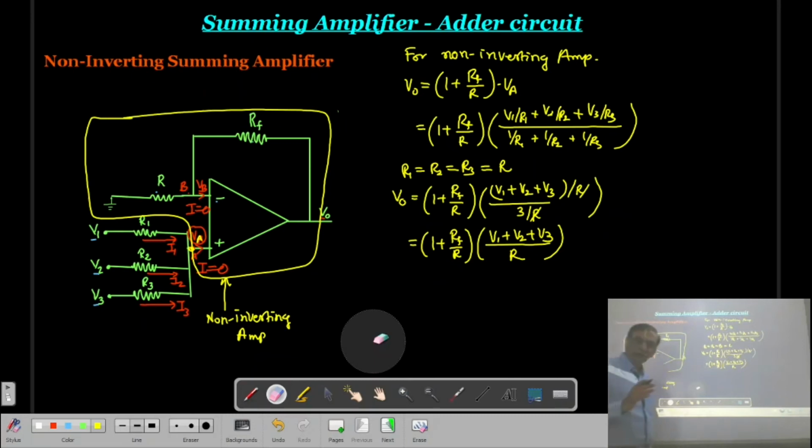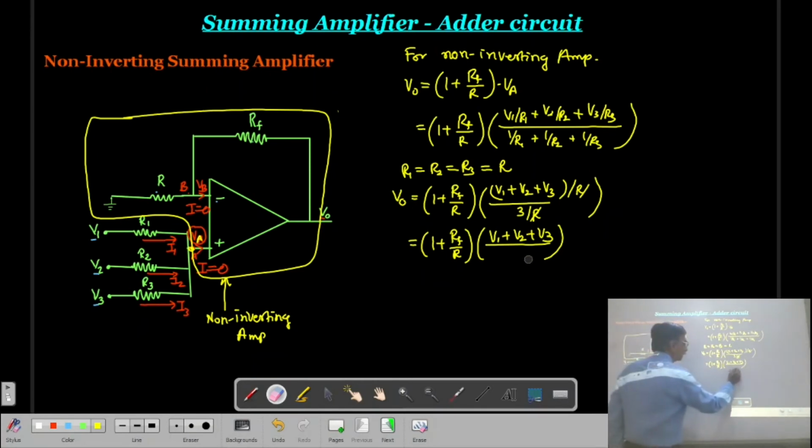Now if you want a simple addition V1 plus V2 plus V3, it means this factor, sorry, here this is not R, but it is 3. So now if you want a simple addition of these 3 voltages V1 plus V2 plus V3, then in that case this factor 1 plus Rf by R must be equal to 3, then it will be cancelled out. Correct?